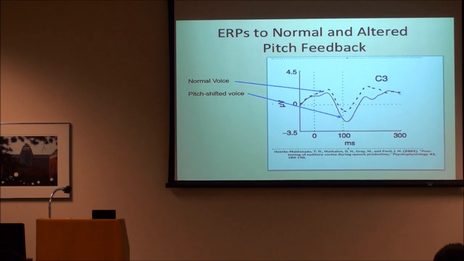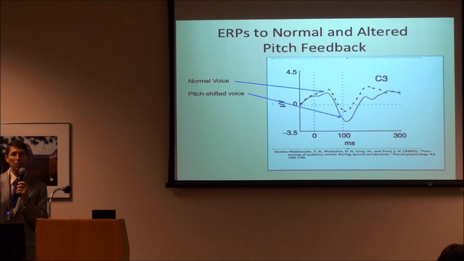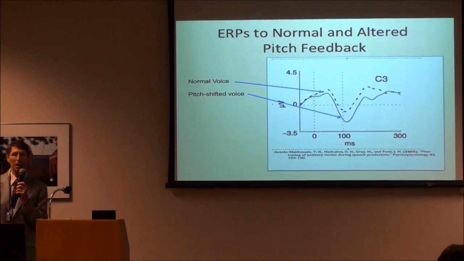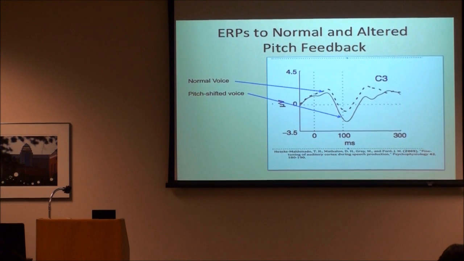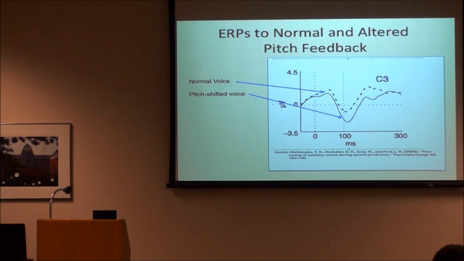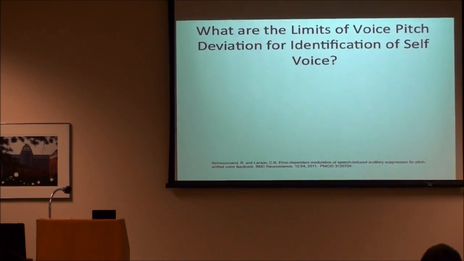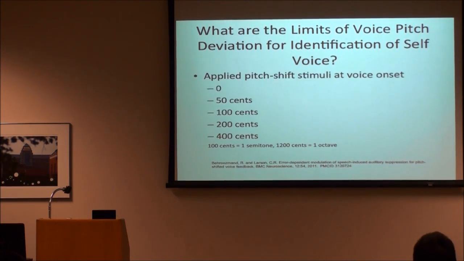So this is similar to what John showed, namely that normal production is suppressed. But in John's case, it was if you're listening, it's not suppressed. And what Heinks-Maldonado showed is that if it's shifted, i.e., if it's not your same voice, then you respond differently. So that prompted us to ask the question, what are the limits of voice deviation for identification of self-voice?